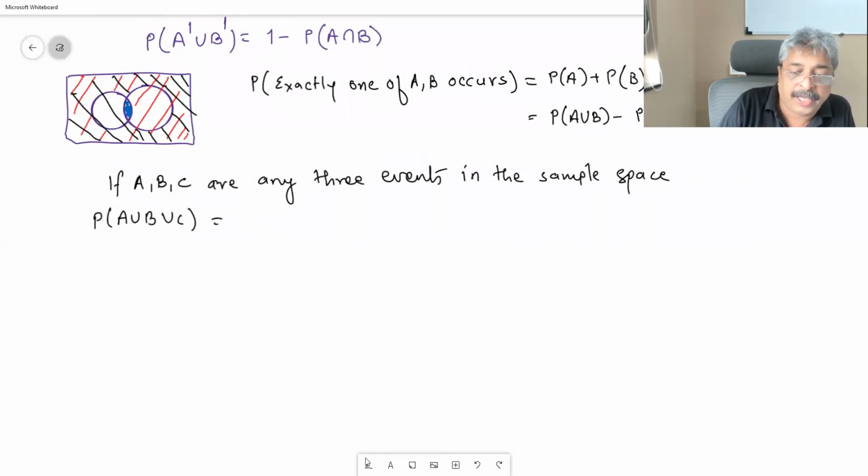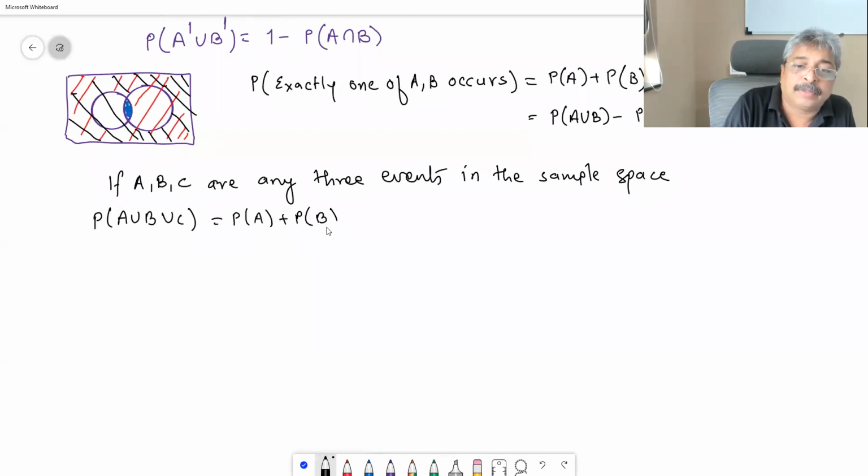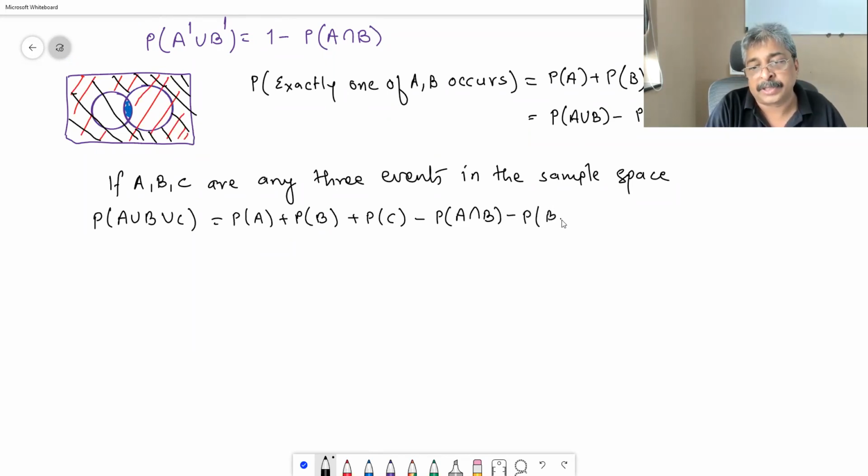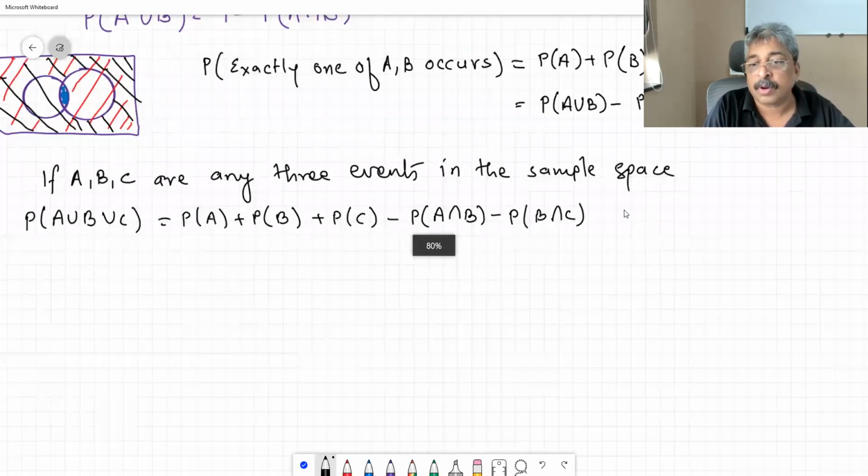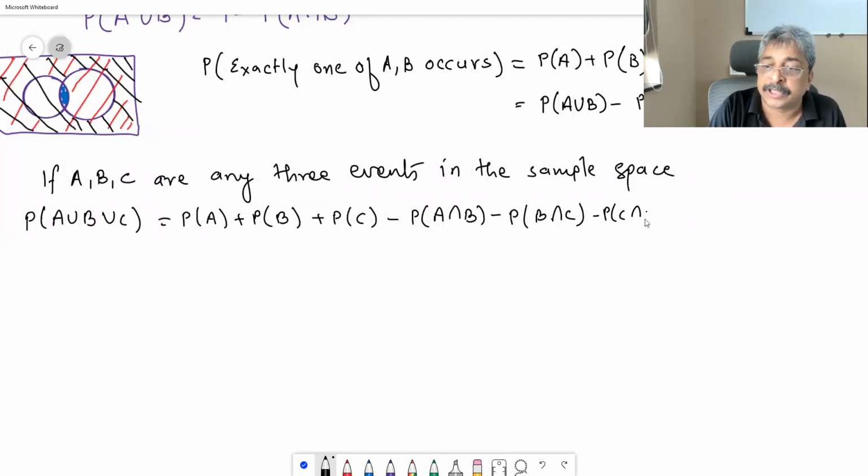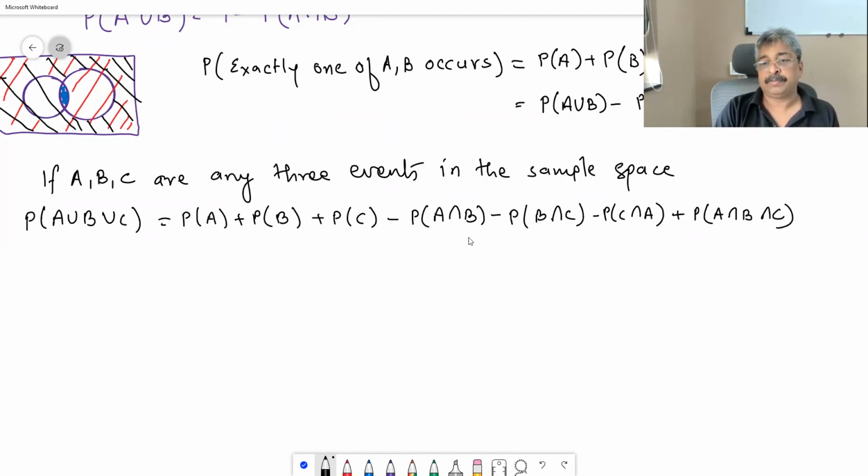So probability of A plus probability of B plus probability of C minus probability of A intersection B minus probability of B intersection C minus probability of C intersection A plus probability of A intersection B intersection C. Unnecessary exclusion, therefore include.